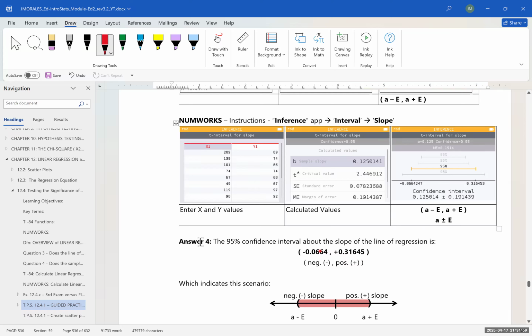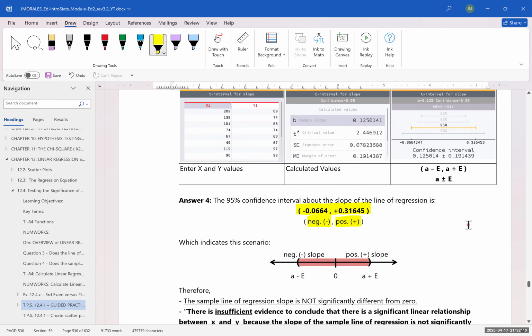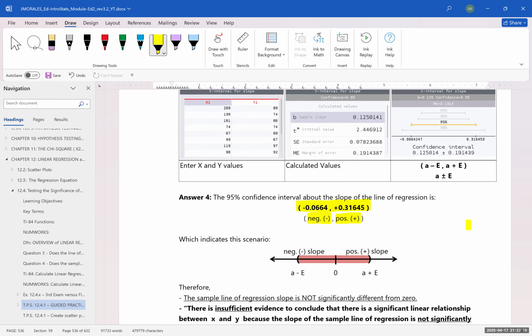All right, so our answer: the 95% confidence interval about the slope of the line of regression is here, where the lower bound number is negative and the upper bound value is positive. This indicates a scenario where the lower bound of our interval is negative, the upper bound of our slope interval is positive, and 0 sits squarely in between.